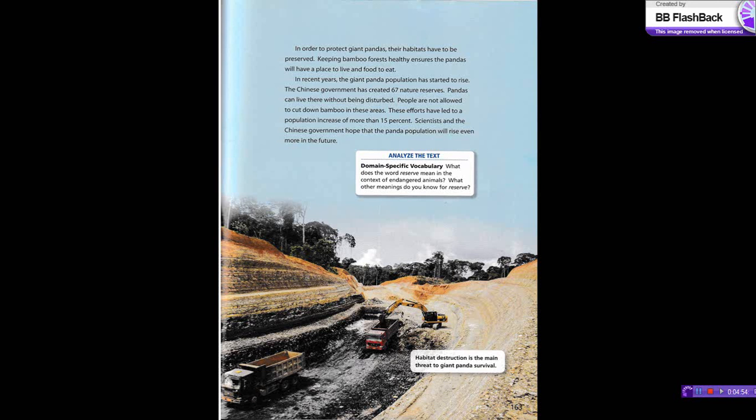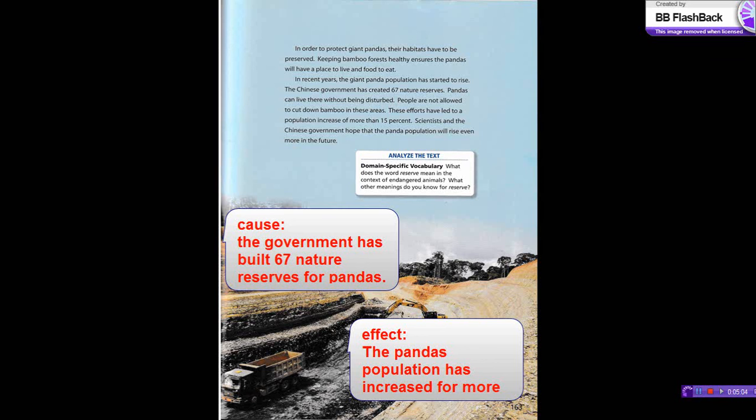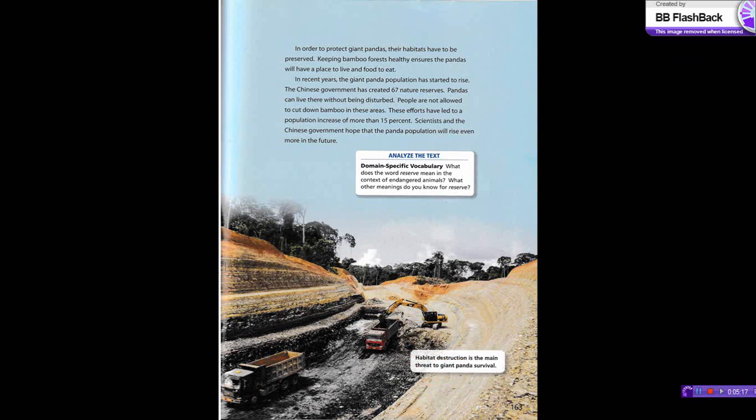Its effect is that the population of the giant pandas has increased more than 15%, as pandas can live there without being disturbed and people are not allowed to cut down the bamboo in these areas. Let's read together, analyze the text box.